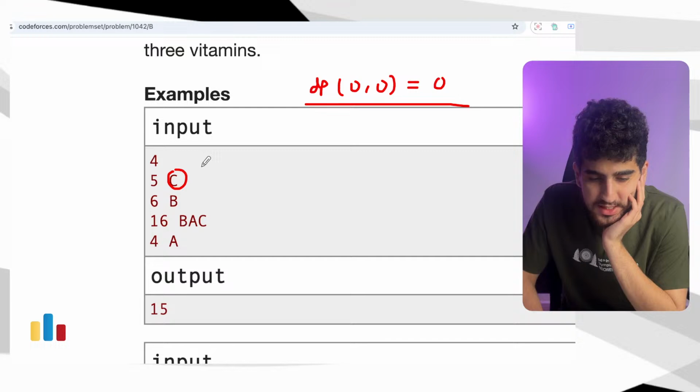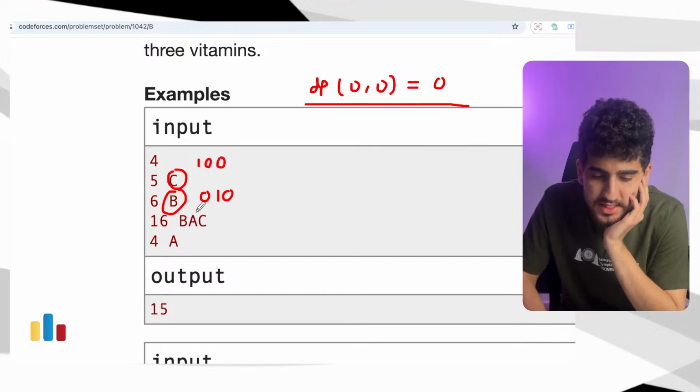It has vitamin C, so its binary representation is 1, 0, 0. This one has vitamin B, so its binary representation is 0, 1, 0. This one has all 3, A and B and C, so its binary representation is 1, 1, 1. This one only has A, so its binary representation is 0, 0, 1.